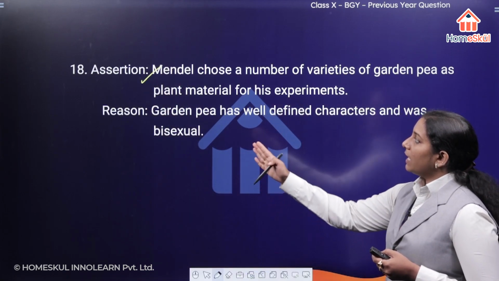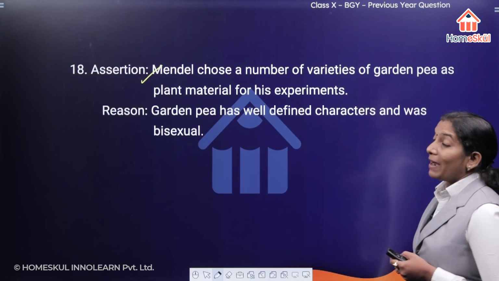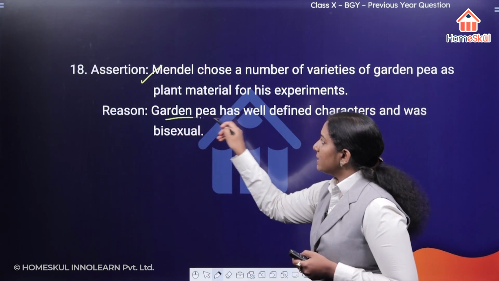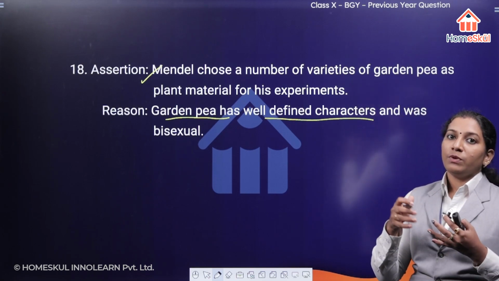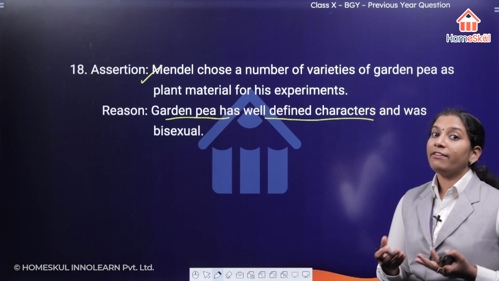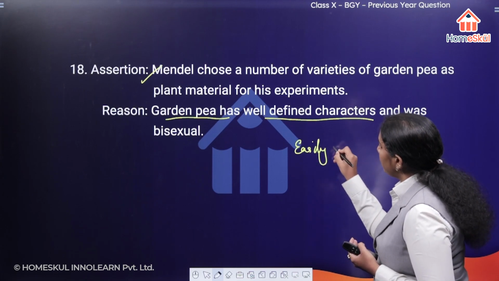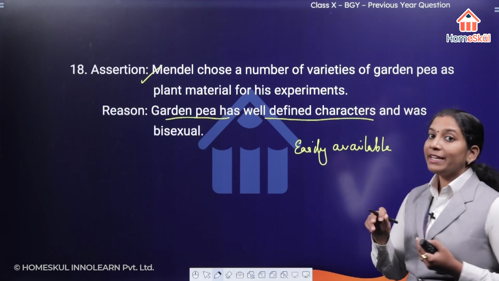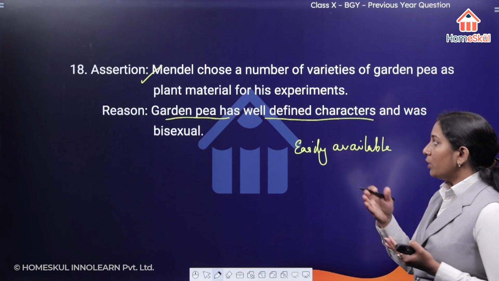Then the reason is garden pea has well-defined characters and it was bisexual. We know that garden pea plants have well-defined characters like it is very easily available and very easy to conduct fertilization experiments, pollinations and all.